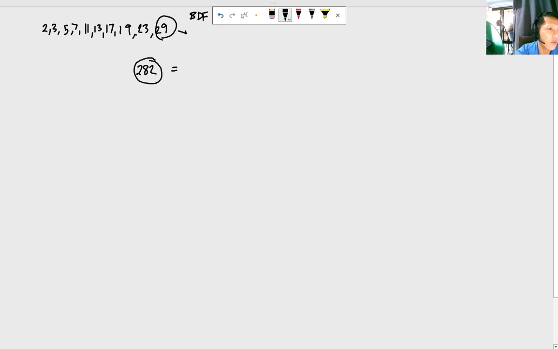You divide 282 by 2, and then you do it like this: 282 divided by 2 is 1 times 2 is 2, and then you carry 8. 8 is 4. 4 times 2 is 8, and then carry 2, and then you have 1, so 141.